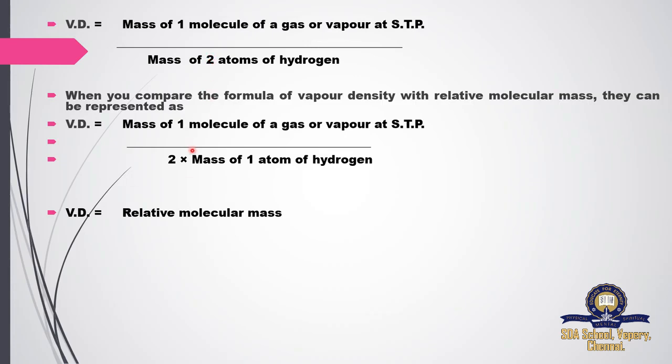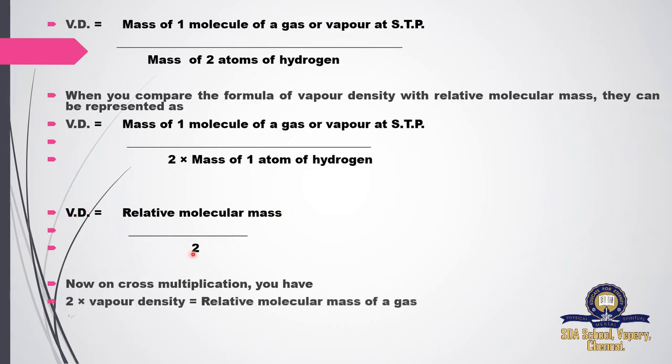So after that the equation becomes: vapor density equals the mass of one molecule of gas or vapor at STP divided by the mass of one atom of hydrogen, which is the relative molecular mass. Then we have the number 2 remaining. So vapor density is equal to relative molecular mass divided by 2.